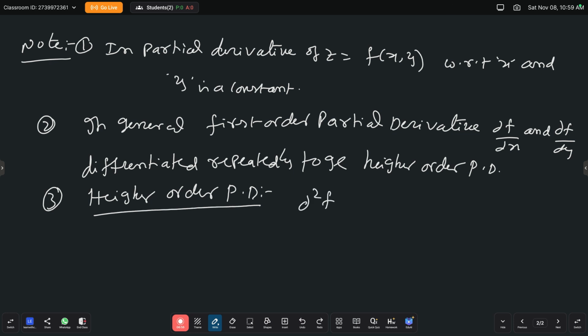Dou square f by dou x square equals dou by dou x of dou f by dou x.